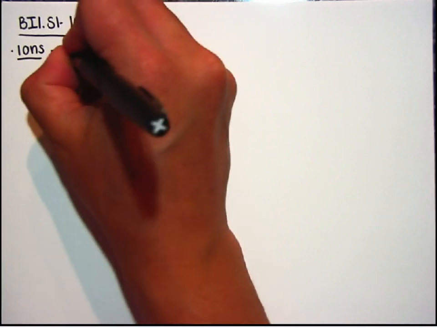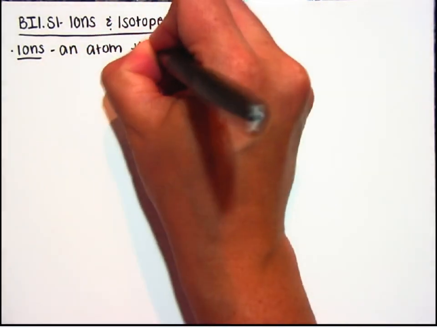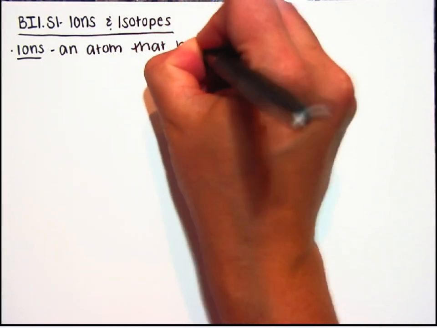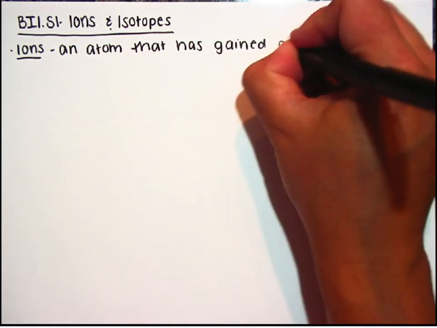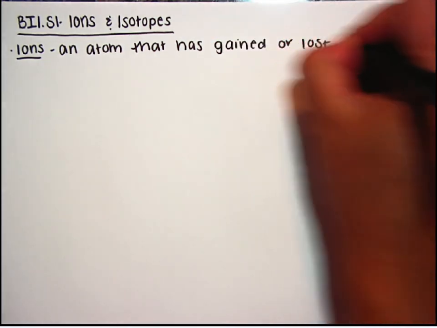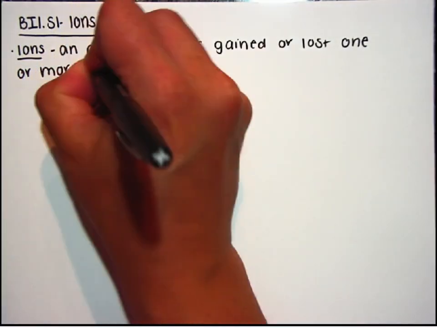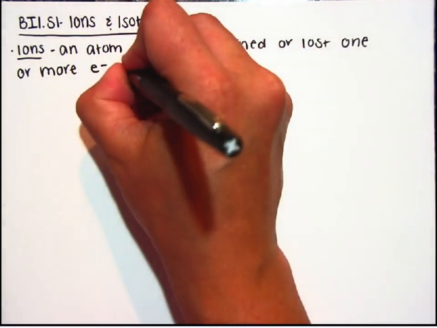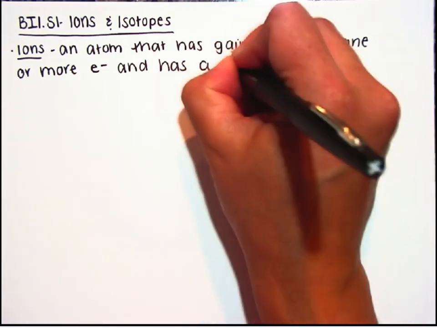An ion is an atom that has gained or lost one or more electrons and has a charge.